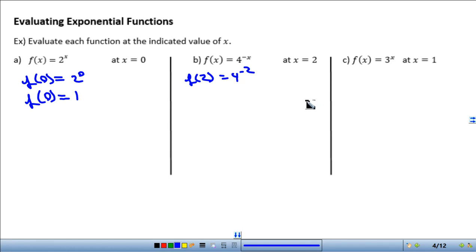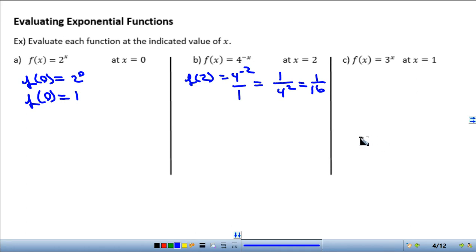What it means is, make it into a fraction. If the negative power is in the top, move it down to the bottom. And if it's in the bottom, move the power up to the top. So for instance, this is going to become 1 over 4 to the positive 2 power. 1 over 16.